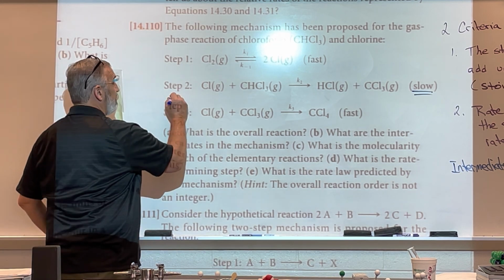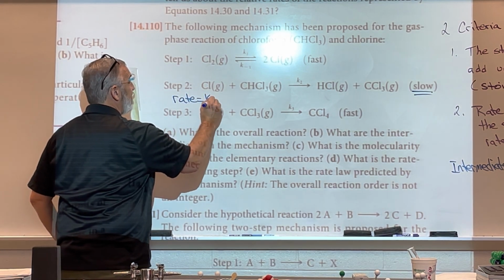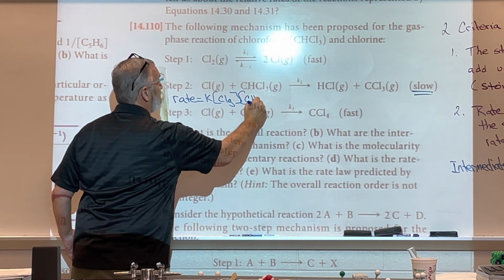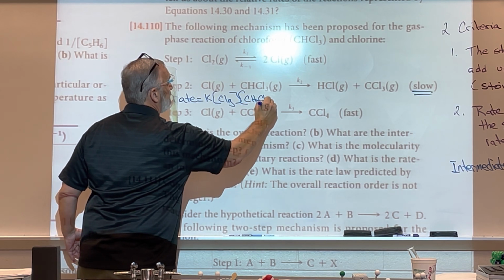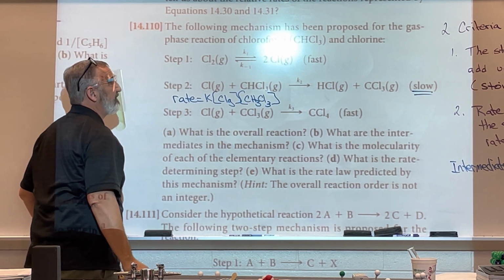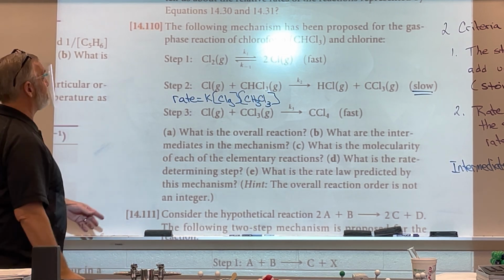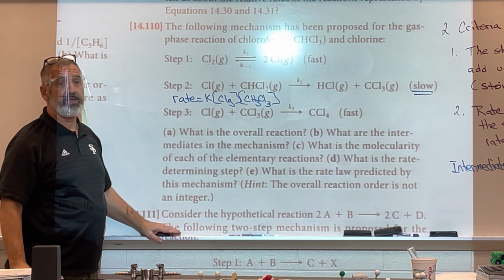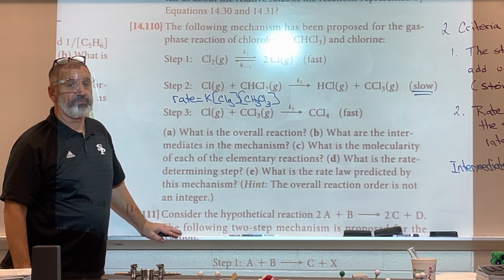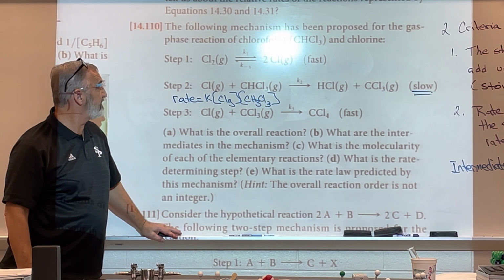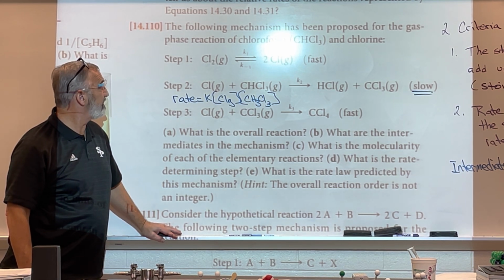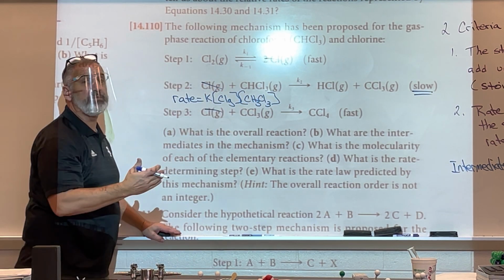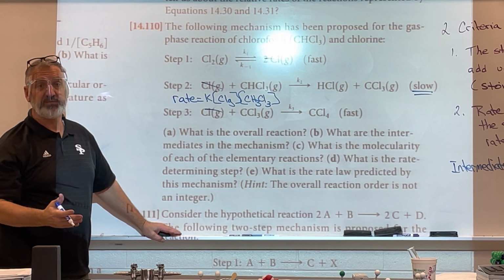So we just write here, rate is equal to k times Cl gas times CH3Cl3. Now, what's the problem with this? What is Cl in this reaction? It's an intermediate, because it's going to cancel here and here. And we don't put intermediates in the reaction rate law.